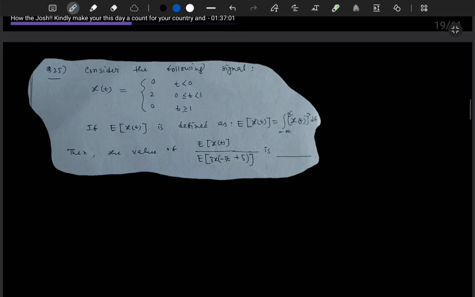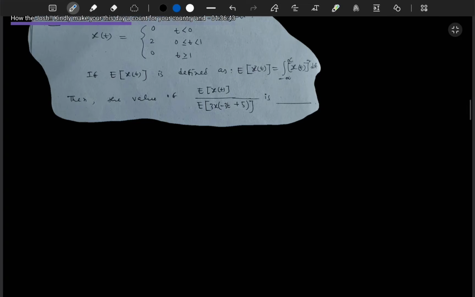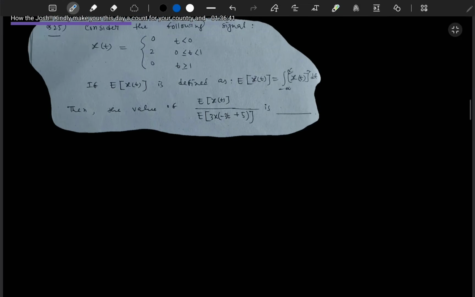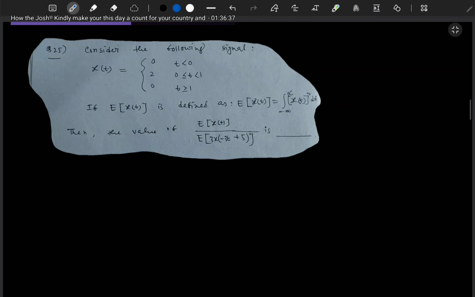Now next question, let's move on. It's time to speed up. The energy for a rectangular graph is height square into width.